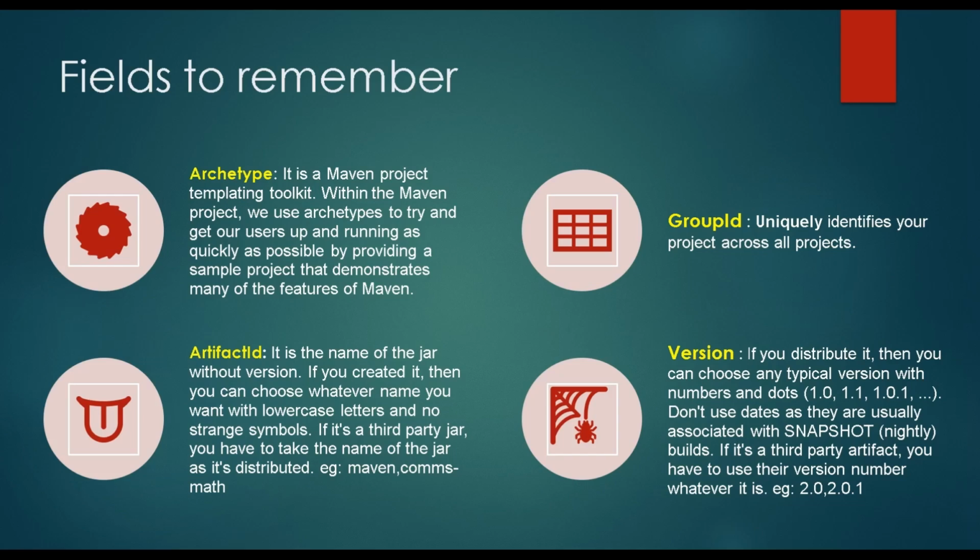If you choose that option and create a project, it will directly create a Maven project with most of the features of Maven. So by selecting that archetype, it will help you to create a Maven project in a faster manner.